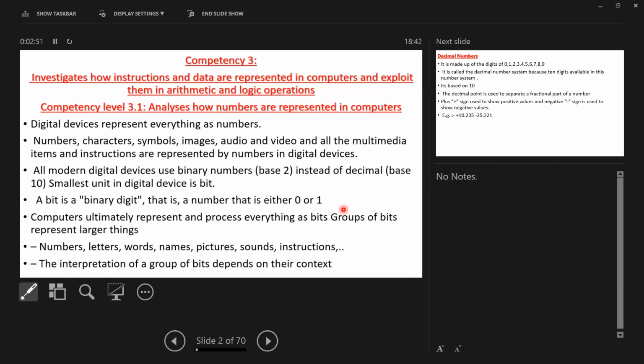These represent larger things: numbers, letters, words, names, pictures, sounds, instructions, everything represented in binary. The interpretation of a group of bits depends on their context. So now you can see the screen. These letters, numbers, everything are represented inside the computer in digital format, ones and zeros. Okay, is this clear?